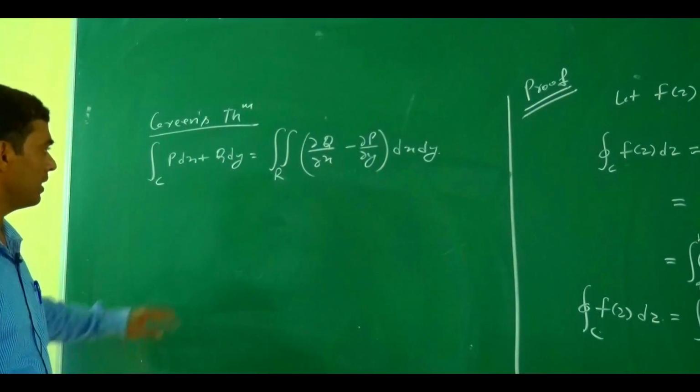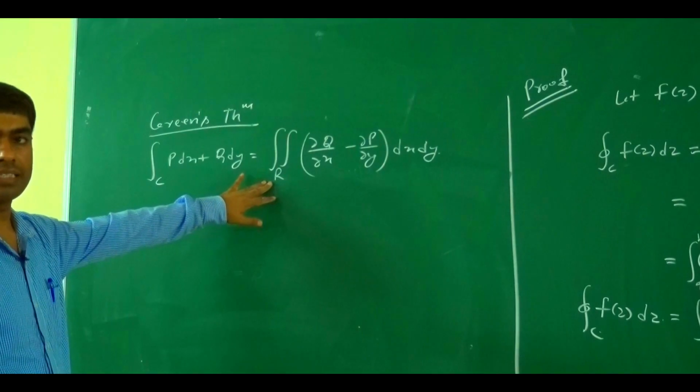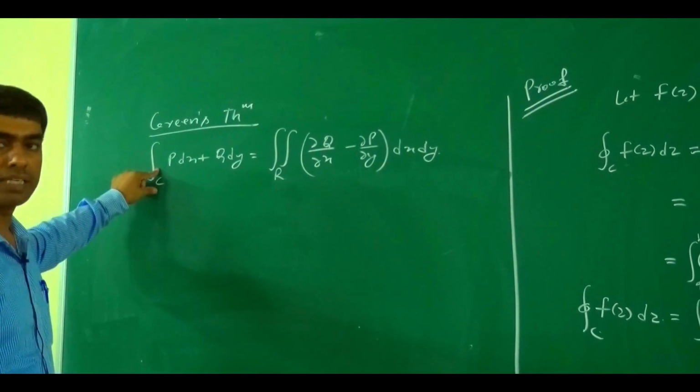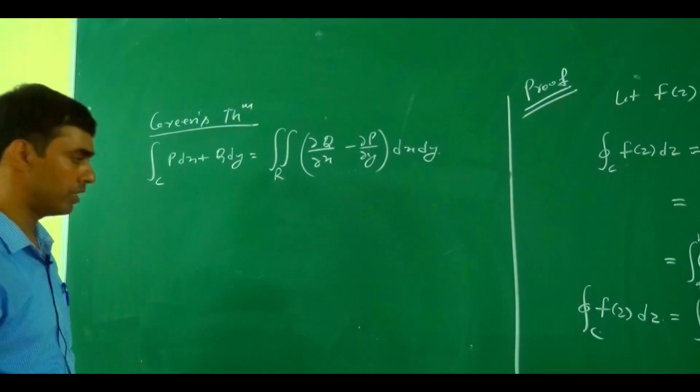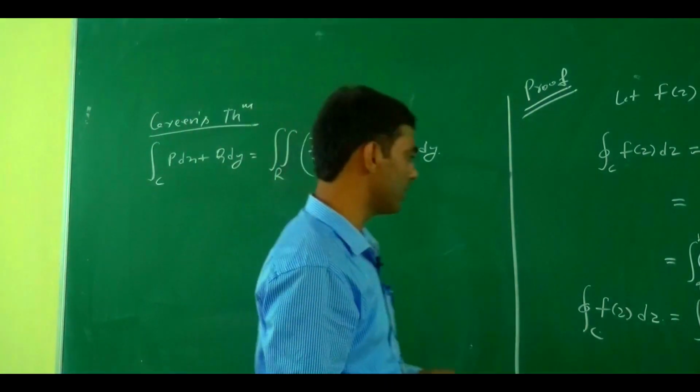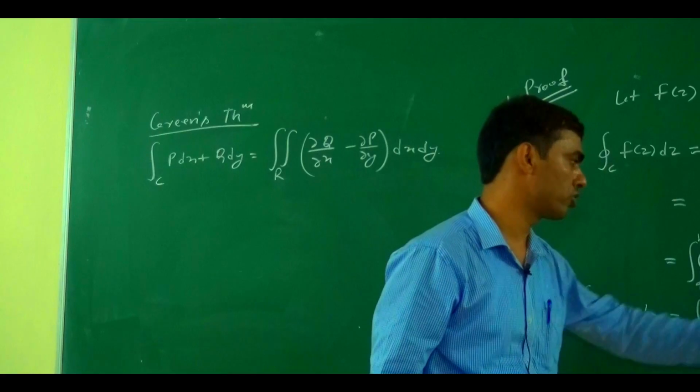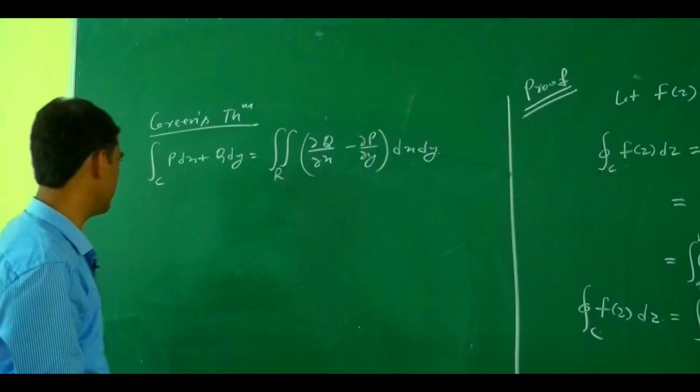Here R is the region enclosed by the curve C. So if we apply Green's theorem here, then what will happen?